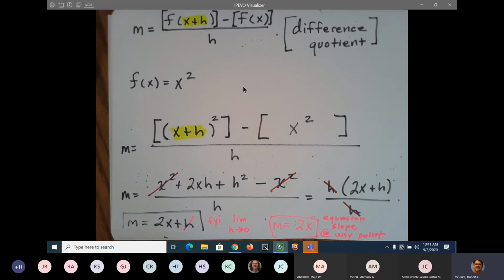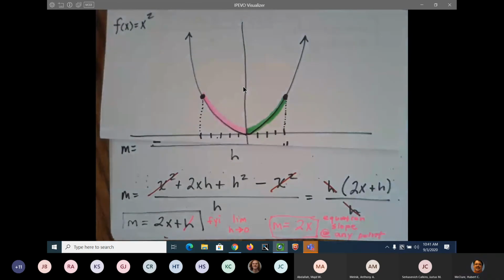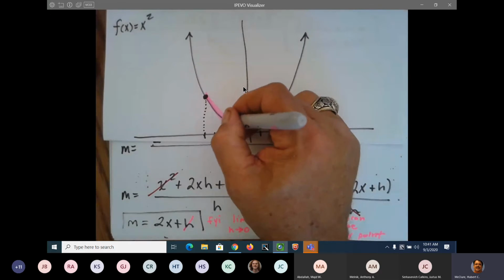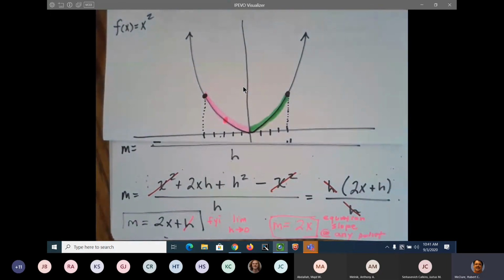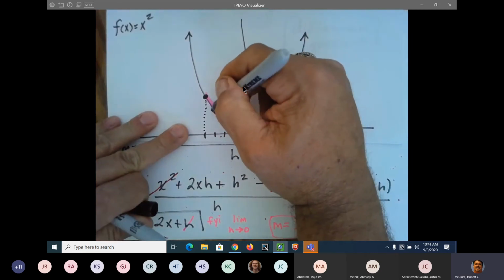So let's go back to our handy dandy origami time. So if I have a point at -3, what is the slope of a line that's tangent? What is the slope of that line?